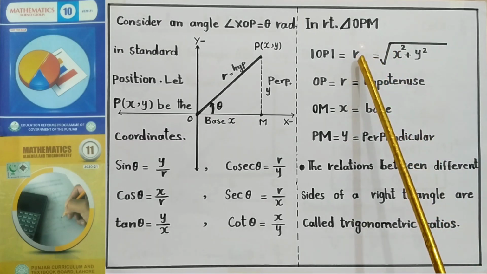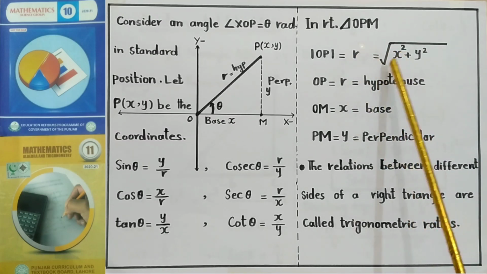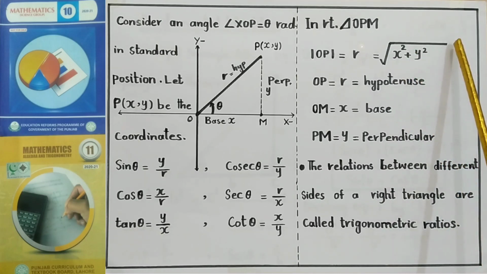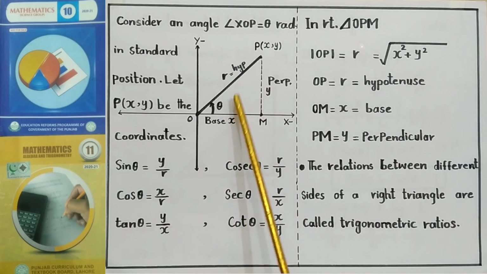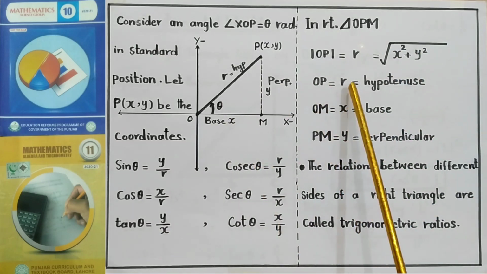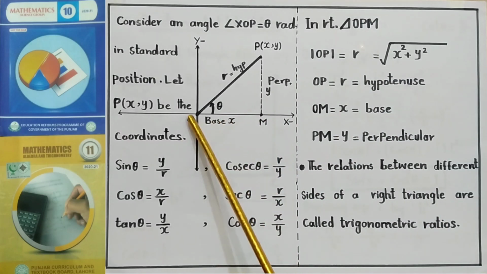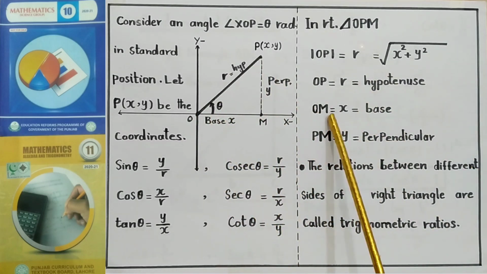So, hypotenuse is equal to the square root of base square plus perpendicular square. Now we discuss different sides of this right angle triangle. OP is equal to r, the hypotenuse of this right angle triangle.